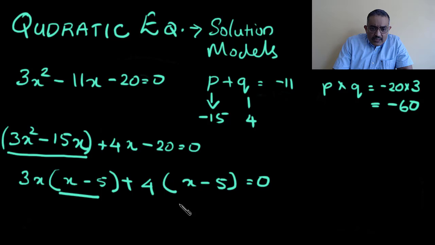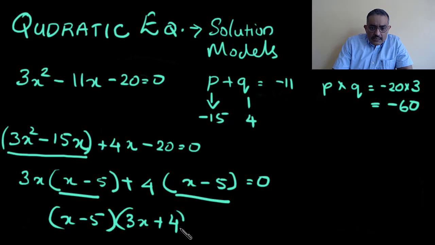And this x minus 5 is common between these two terms, which makes it x minus 5 multiplied by 3x plus 4 equal to 0. Now it's easy to find the solution for x from here.